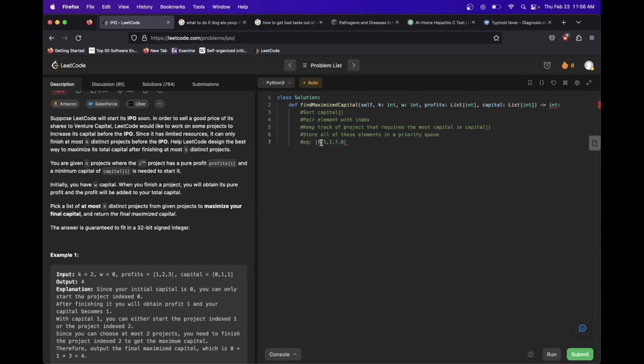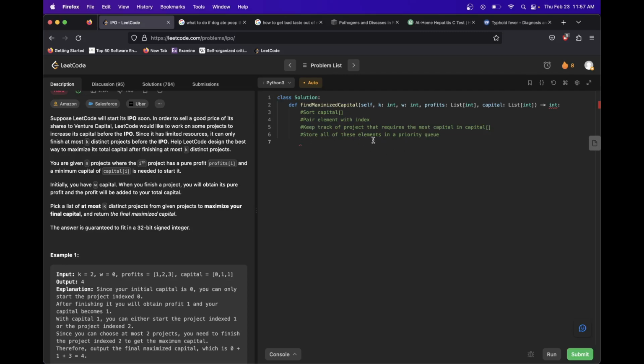O of log n insert into a heap, and O of log n removal from a heap. But you only really have access to this 0th element. The heap isn't sorted, but what is guaranteed is that the 0th element is the smallest. So if you popped everything off of the heap, it would take log n for each operation, and you would get the lowest element each time. So it's very similar to sorting, but it's not quite the same.